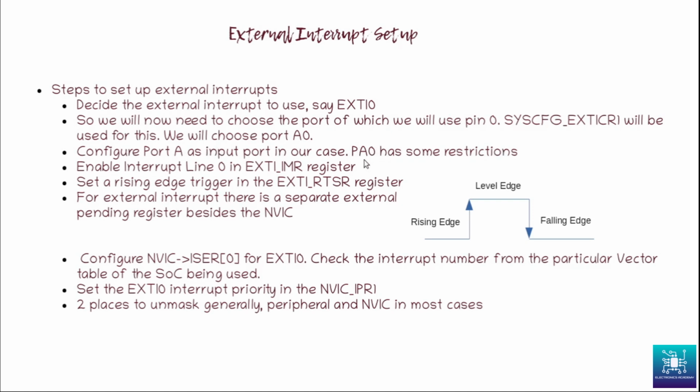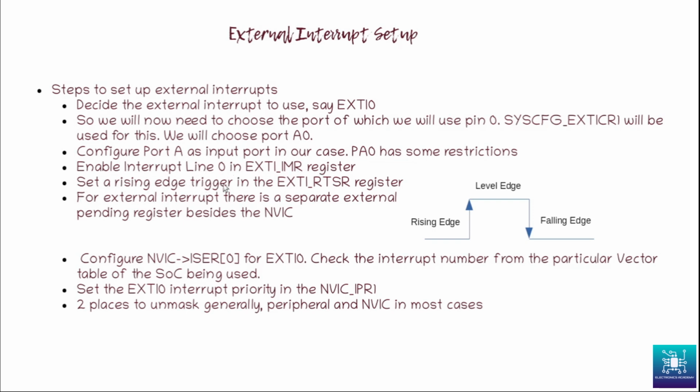These restrictions are not going to hinder our programming, but since in our board the user button is connected to port A, we don't have a choice. Then we'll have to enable interrupt line 0 in the EXTI_IMR register. So we saw the EXTI_IMR register. So interrupt line 0 is going to be the first bit, which we set to 1.